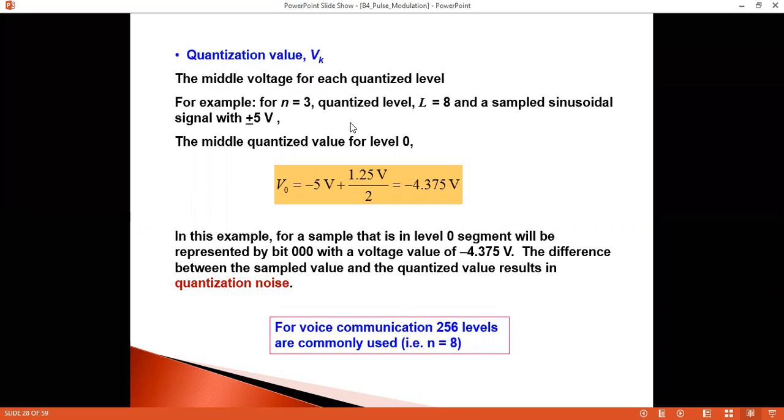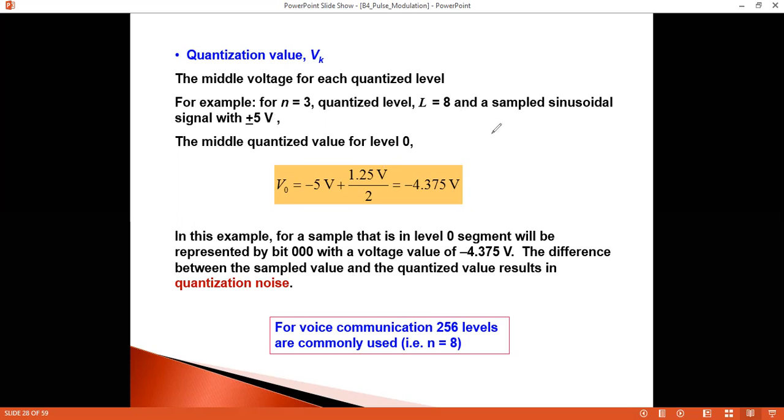Okay, so the equation for Vk, for the lowest voltage, for example, if you take this example, n equal to 3, L equal to 8, and our V peak to peak is 10 volt.